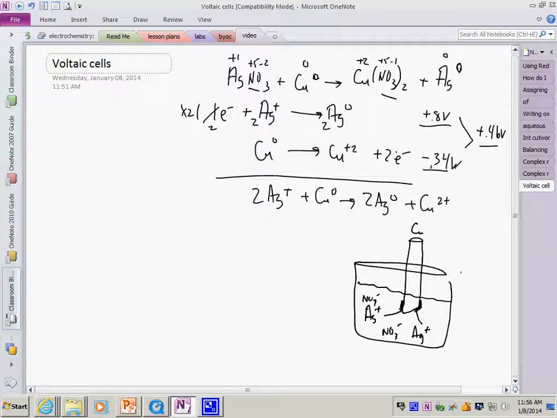So this is going to be Ag solid, and because of the ratios in which they combine, it takes two silvers to make up for the one copper jumping off to form copper 2+ ion. This will happen spontaneously. You just plug it in, and you need a surface by which these two things can react.